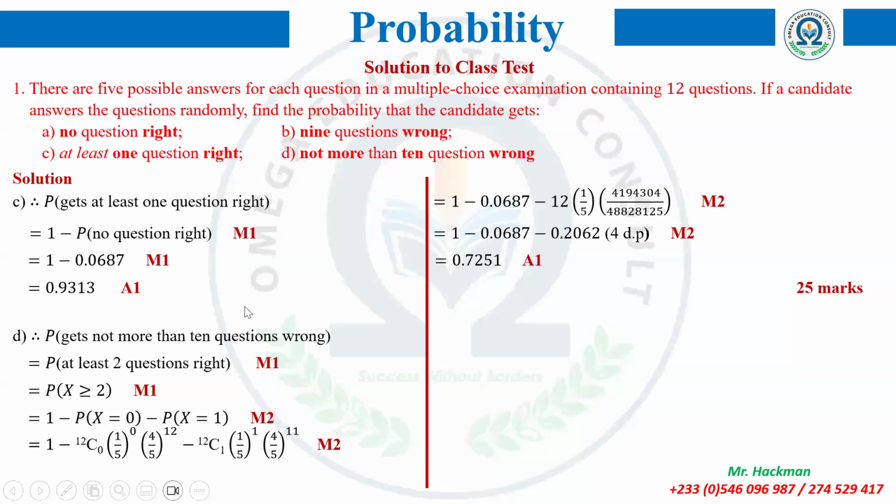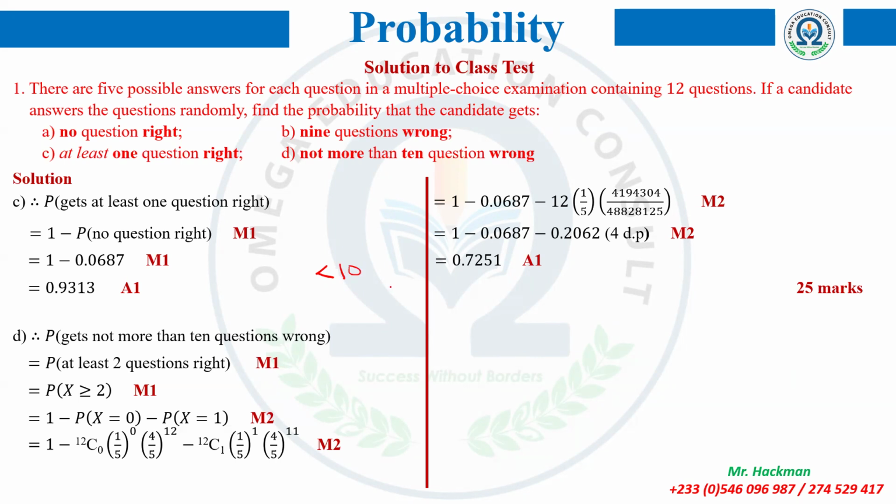So this indirectly will be the statement. Let me see if I can write. Get not more than 10 questions wrong. So not more than 10 questions wrong, meaning you are going to get less than 10 questions wrong.